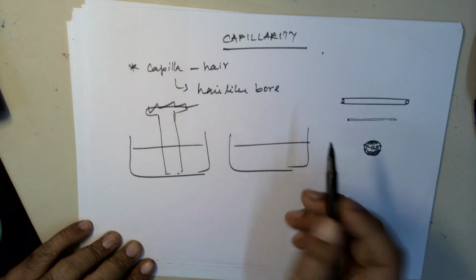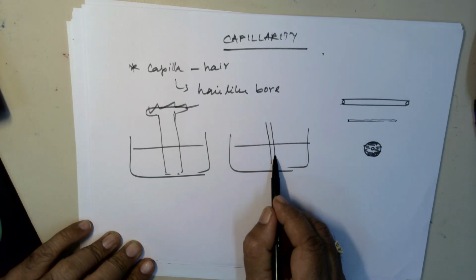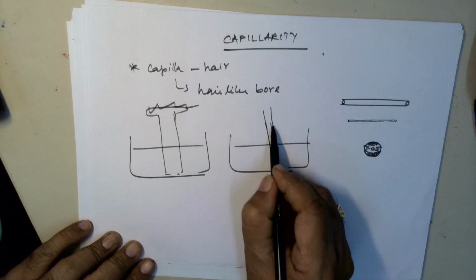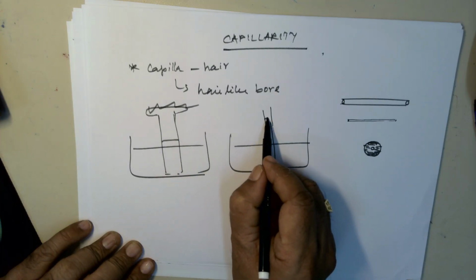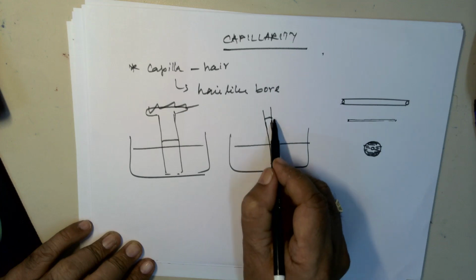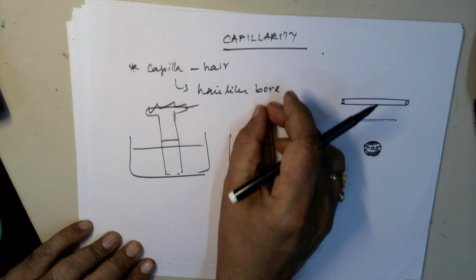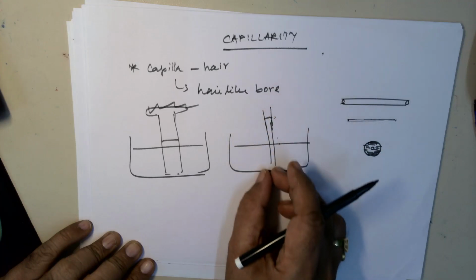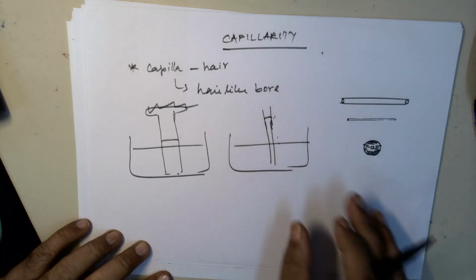Let it be a tube also, a slender tube. You can find the liquid rises up to this, but here there is a very good rise. The height is greater because of the slimness of the tube. In the case of a capillary, it rises perfectly.